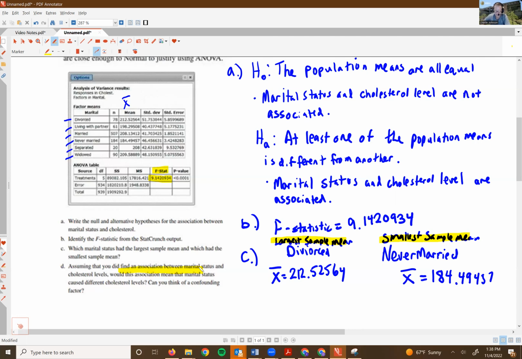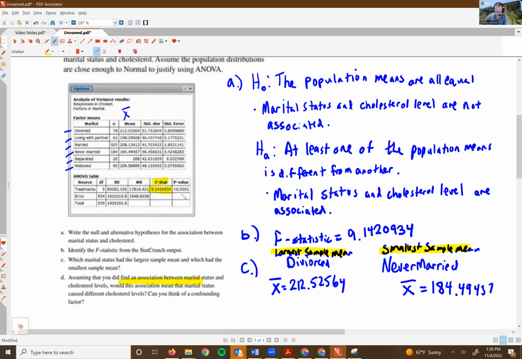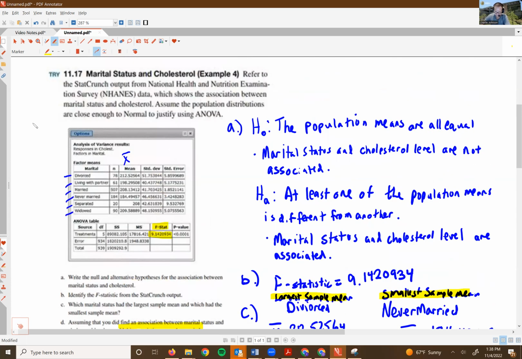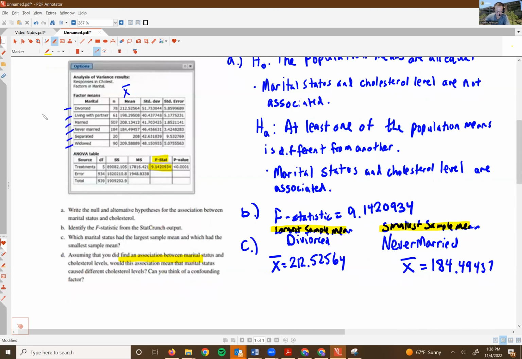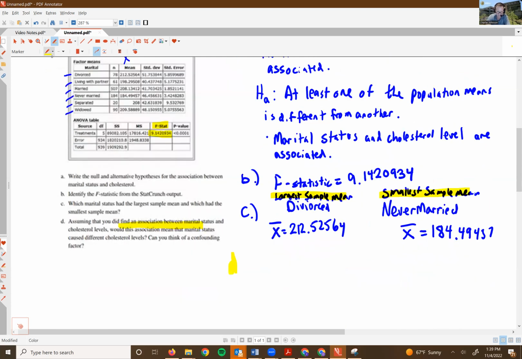Remember, we said in a random controlled experiment, if we have association, then we can conclude causality. But in this particular example, it nowhere says that this was an experiment. It's not a random controlled experiment; this is an observational study.